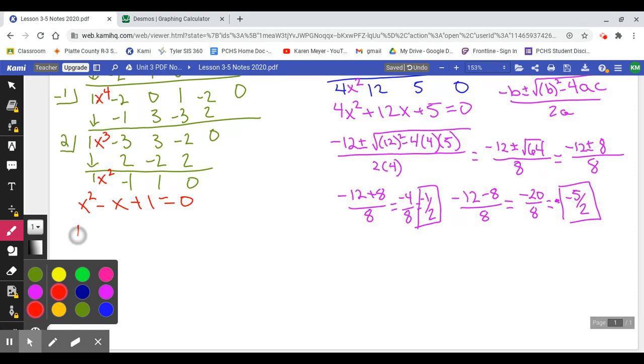So that's going to switch to +1 plus or minus -1 squared minus 4 times 1 times 1 all over 2 times 1. Part underneath the square root, you should work that out on your calculator, and I came up with the square root of -3.